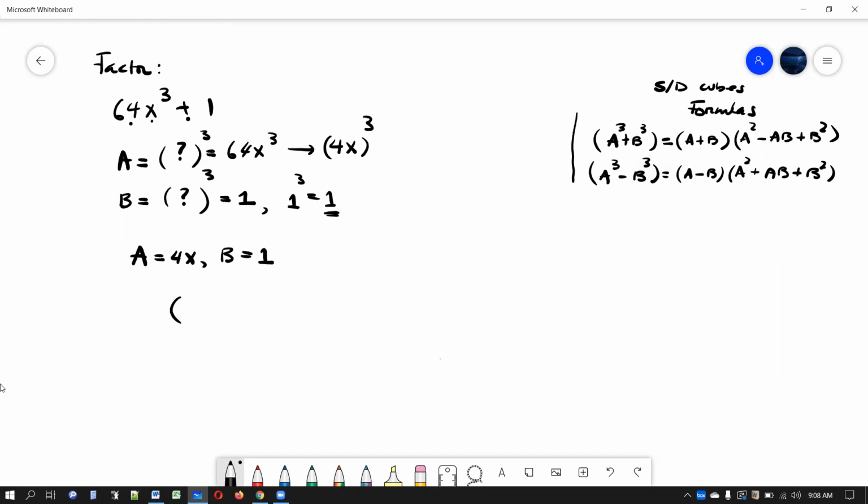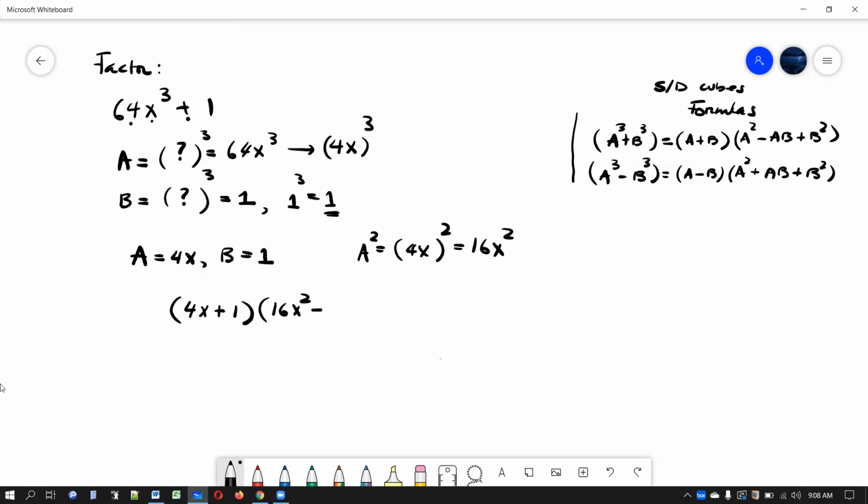So the first parenthesis is just A plus B. Right? A plus B, open parentheses, A squared. So be very careful again. A squared is 4x squared, which is 16x squared.